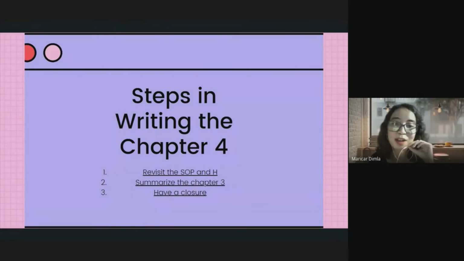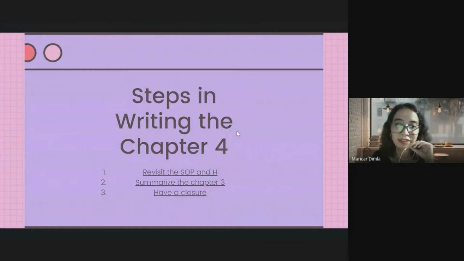And then you need to summarize your chapter 3. And then, kailangan natin ng closure. Plus, you're conducting a research kasi may nakita kayong problem. So, kailangan yung tapusin yung study niyo by deriving solution. Kailangan ng closure. Okay? Alright.